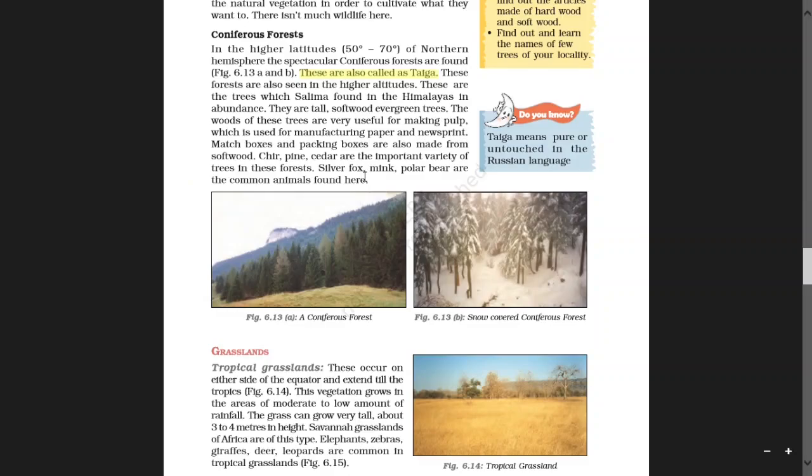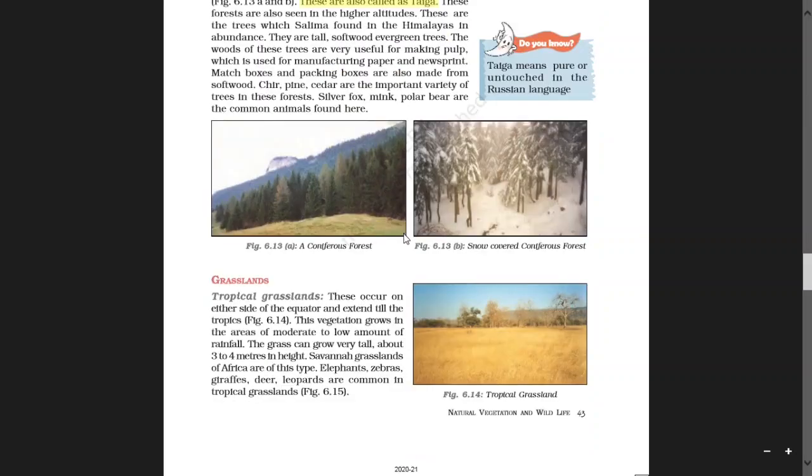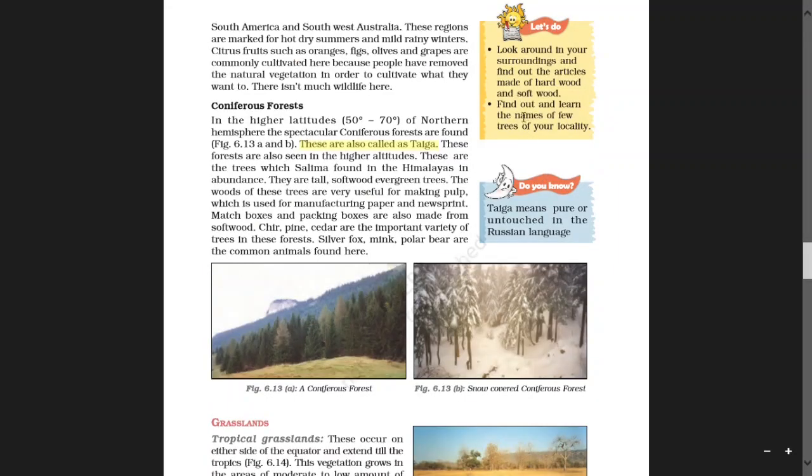Taiga means pure or untouched in the Russian language. Some important facts are given here; just go through this and learn it.